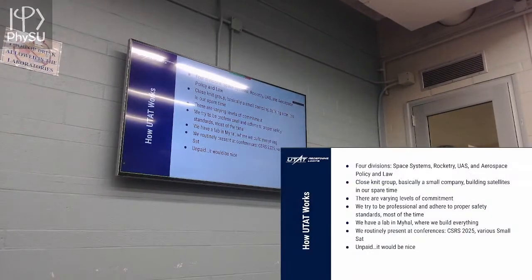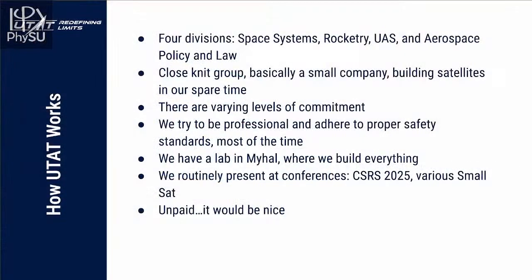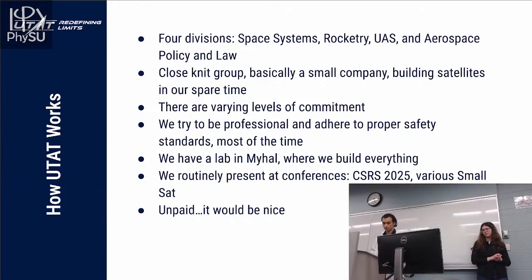Okay. So UTAT itself is divided into 4 parts. We at Space Systems design and build small satellites. Rocketry designs and builds small rockets for competitions and various other such programs.